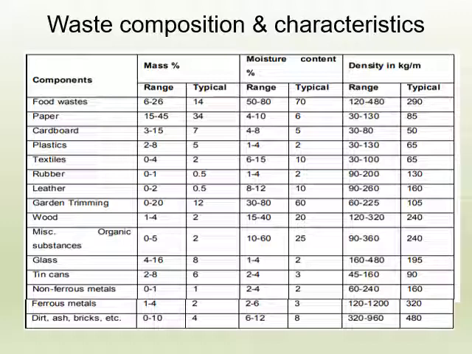Their mass in percentage range and typical values, moisture content with typical values, and the typical values of density in kg per meter cubed. For estimation of any treatment or processing, or how much quantity of leachate or gases will be generated, we can take some typical values from this table also.